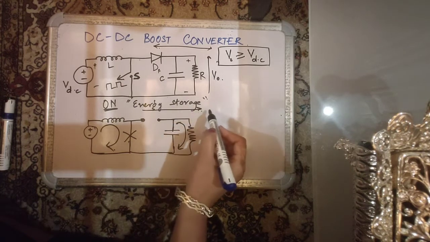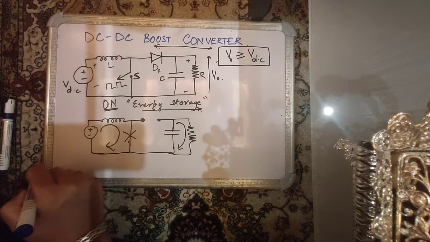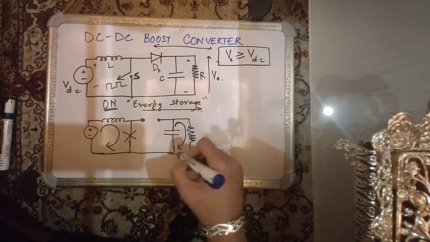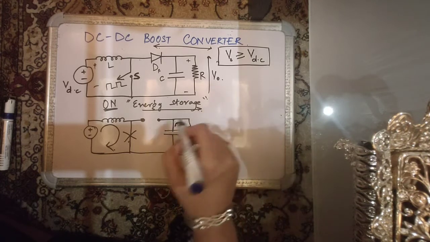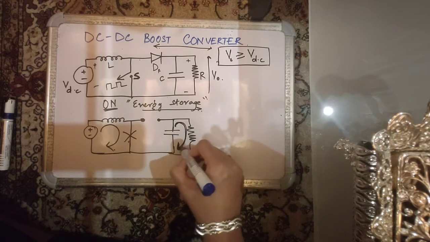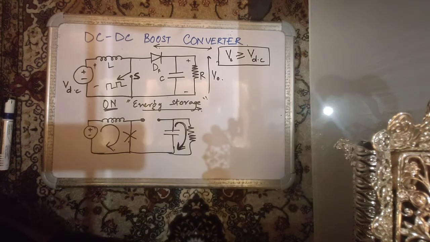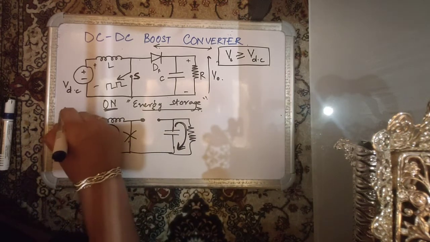You call it the energy storage interval because the inductor is storing energy right now. The capacitor is in fact losing its energy, unlike a buck converter where it could be storing or losing energy. But here in a boost converter, the capacitor is losing its energy, and the load is continuously receiving energy from the capacitor. So this is from 0 to dTs.